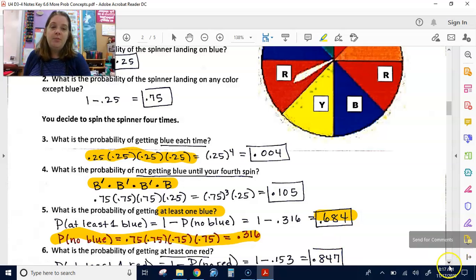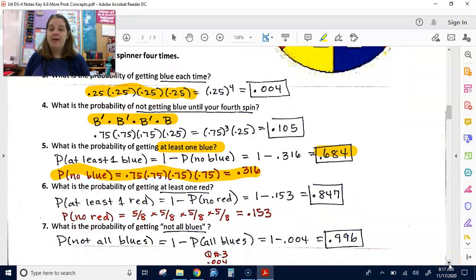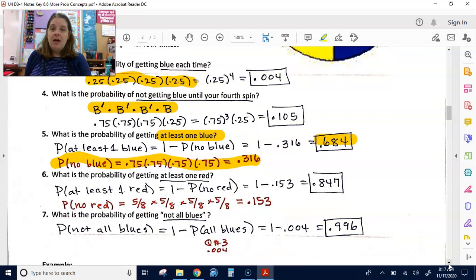The next one says, what's the probability of getting at least 1 red? Similarly, the first one could be red, or the second one could be red, or the first and the second could both be red. Lots of options. The only way you're not going to get at least 1 red is if you get no red at all.